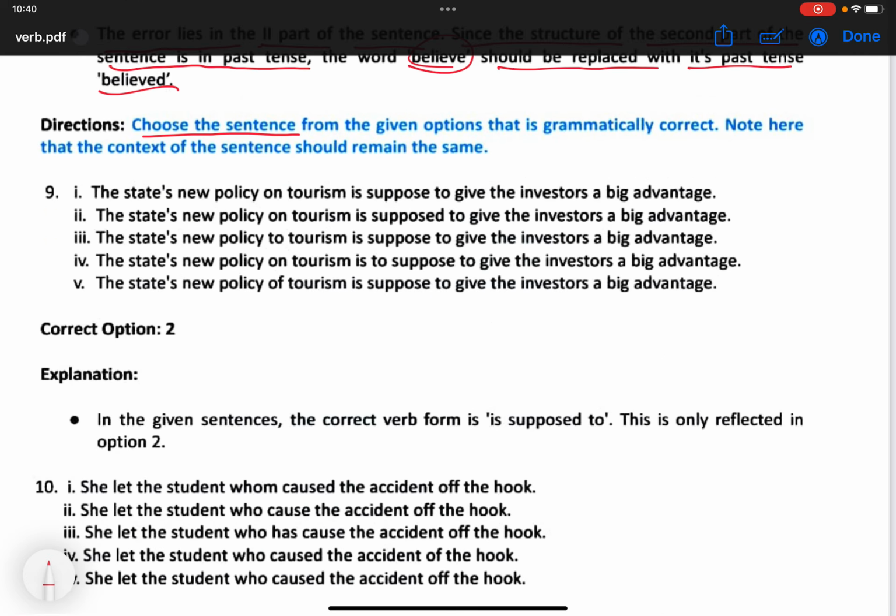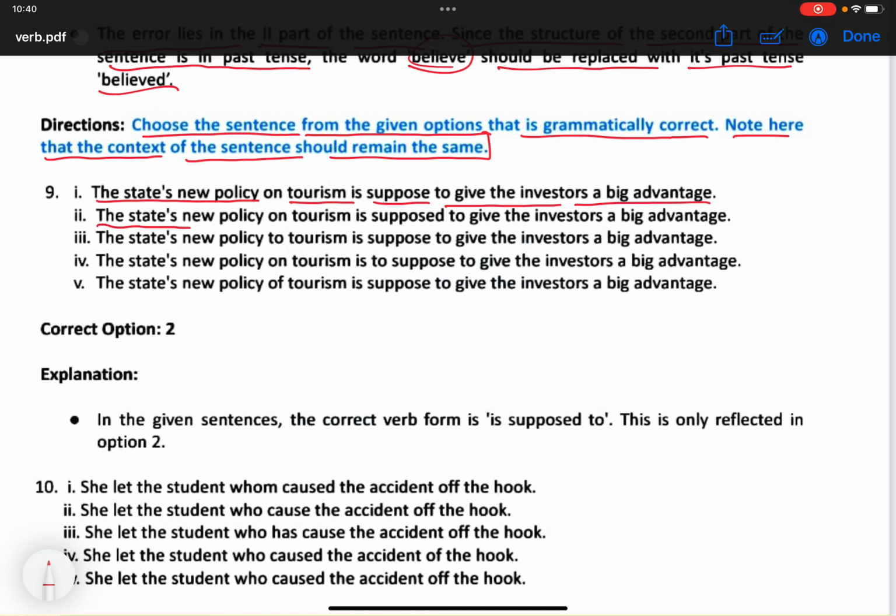Choose the sentence from the given options that is grammatically correct. Note here that the context of the sentence should remain the same. The state's new policy on tourism is supposed to give the investors a big advantage.